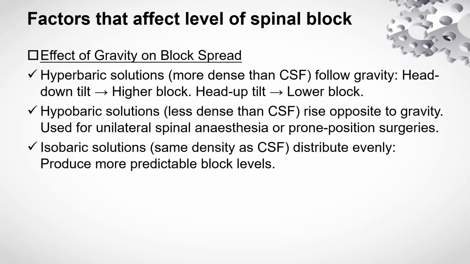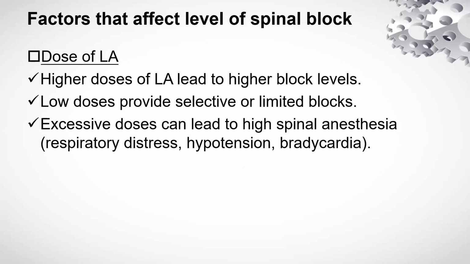So a higher block if you have a head down tilt, and head up will lead to a lower block. Hypobaric solutions rise opposite to gravity, so this is usually used for unilateral spinal for prone position surgeries. Isobaric solutions distribute evenly and may lead to more predictable block levels.